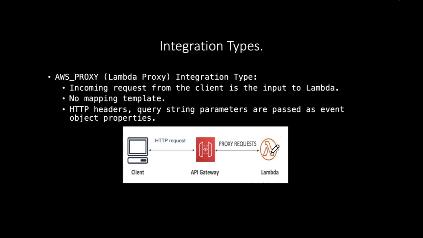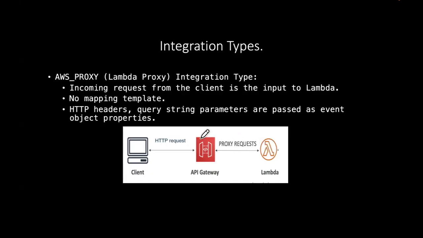Now we know that a Lambda function expects to receive an event. Remember when we started talking about Lambda way back, we said it was an event-driven service. And we know that when we write our Lambda functions, the first parameter of the handler is the event object.